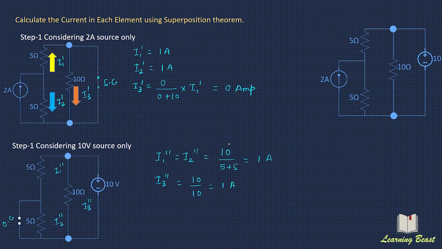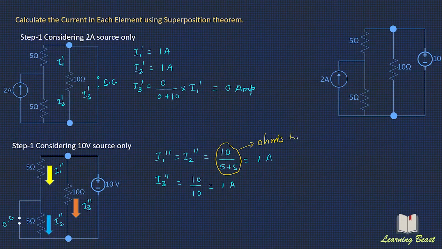Here, this is the Ohm's law we have applied. Now we will calculate the value of I1, which is the current through the upper 5 ohm resistor.